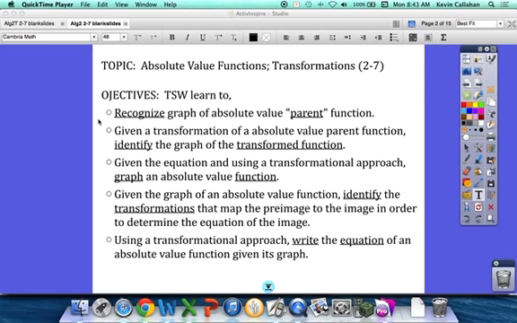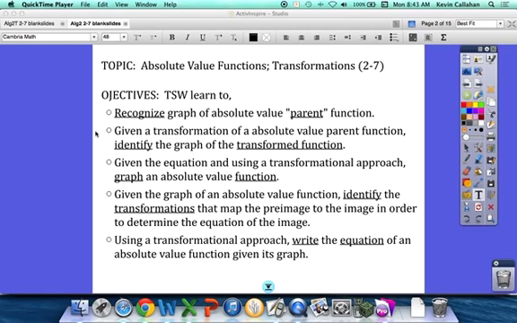The absolute value function will be presented as what's called a parent function. A parent function means it's the example for all absolute value functions. And then we learn how we can move that graph around by adding and subtracting and putting minus signs in front and things like that. So these are all coming right out of the SOLs.